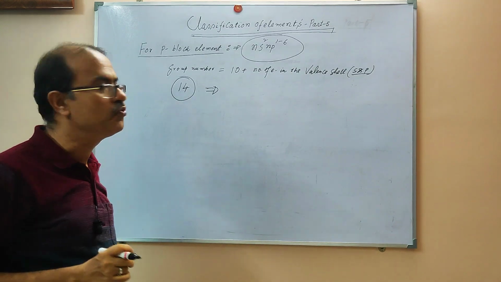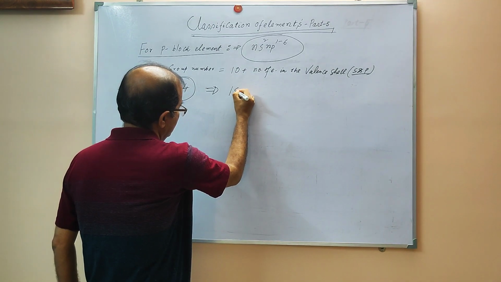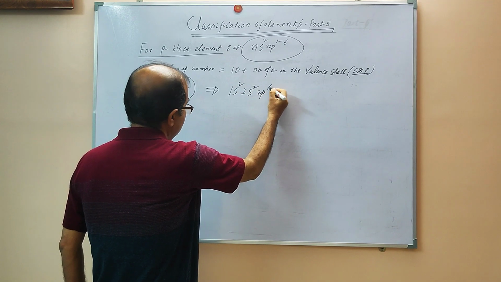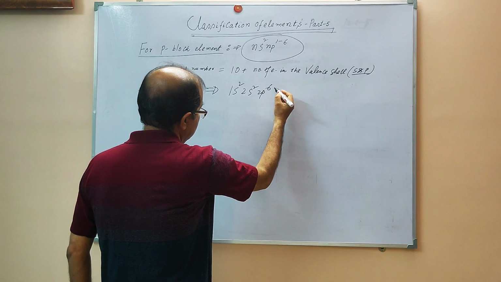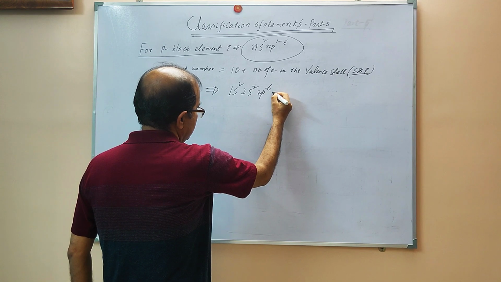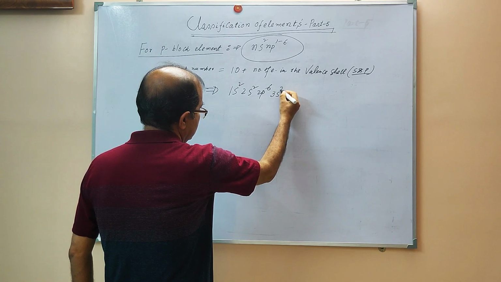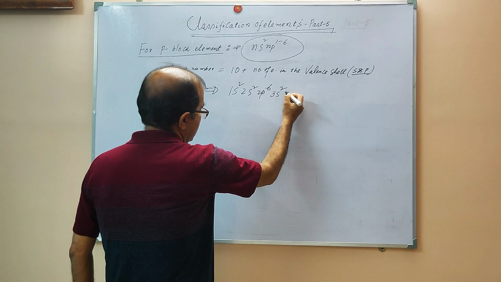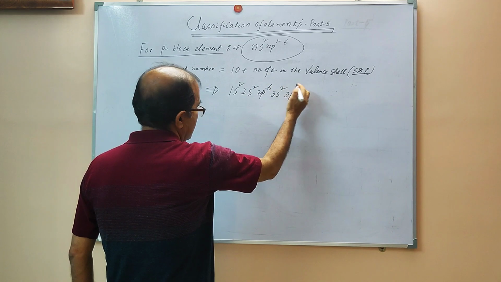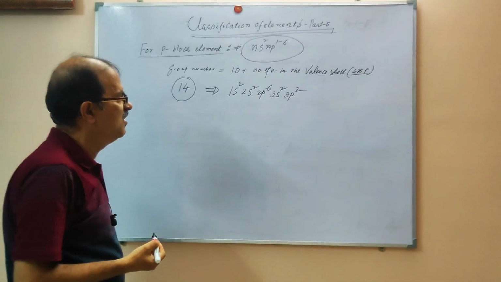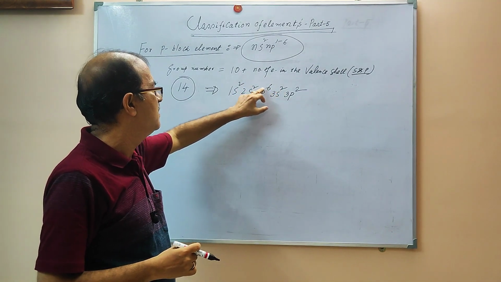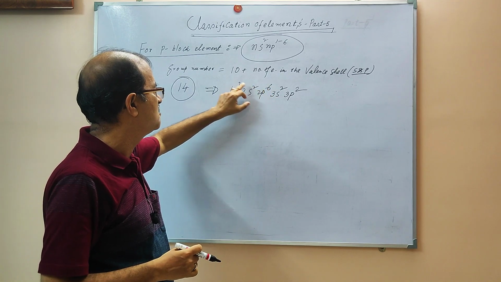So at that time, first we have to write the electronic configuration: 1s2, 2s2, 2p6, and 3s2 3p2.